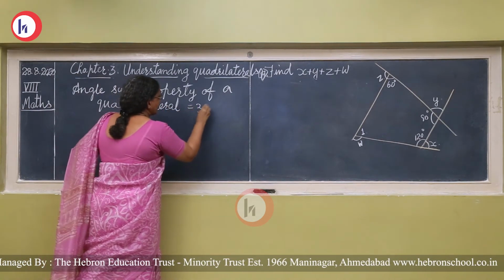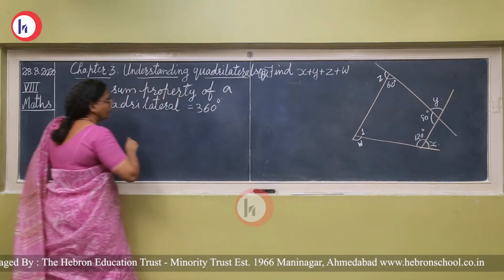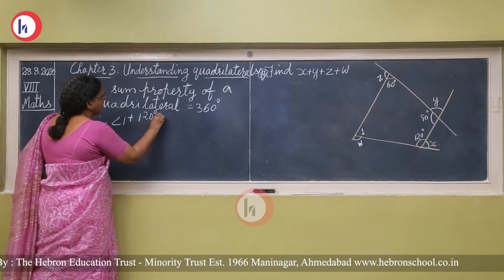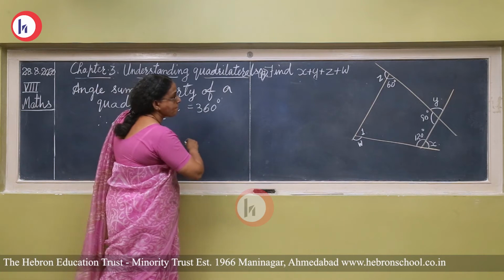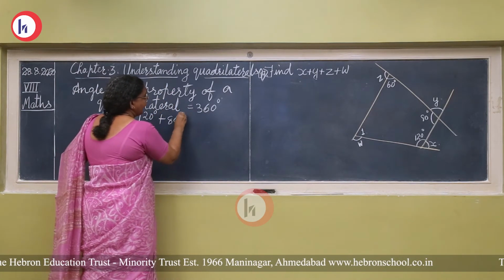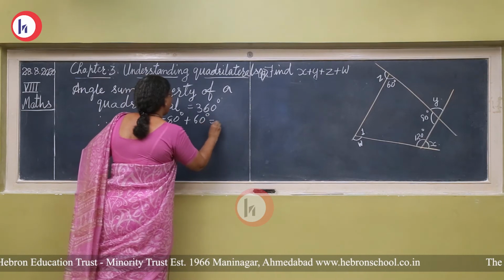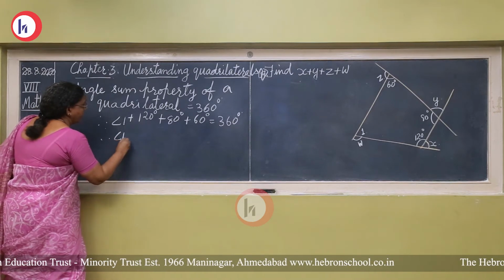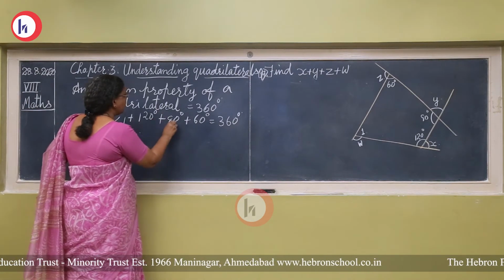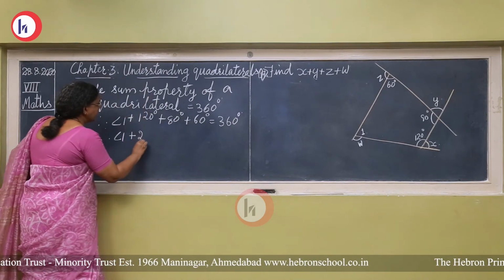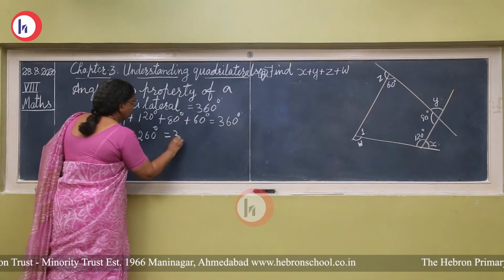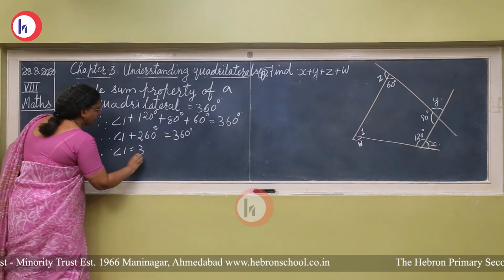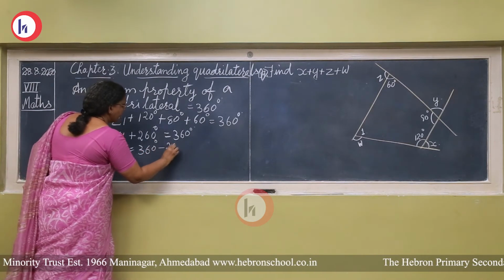Therefore, angle 1 plus 120 degree plus 80 degree plus 60 degree is equal to 360 degree. Angle 1 plus 120 plus 80 is 200, 200 plus 60 is 260 degree, equal to 360 degree. Therefore, angle 1 is equal to 360 degree minus 260 degree.